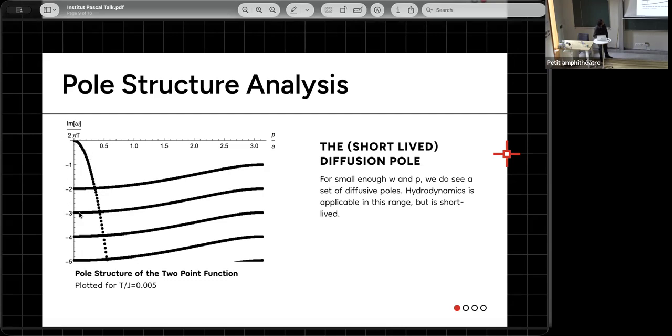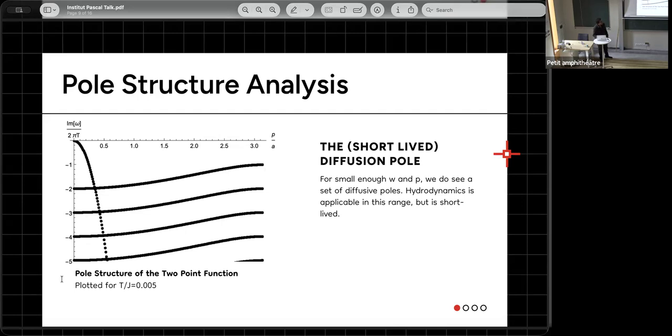We see these gapped modes appear at all of these negative integers starting from -2. So these are the things we expect. So we have this short-lived diffusion mode, I'll explain short-lived in a little bit. But for small enough omega and p, it's just a diffusive pole, and this is where hydrodynamics is.